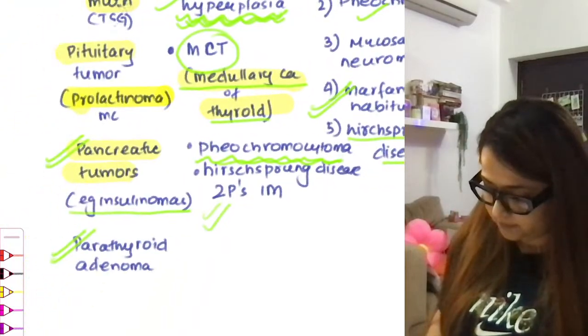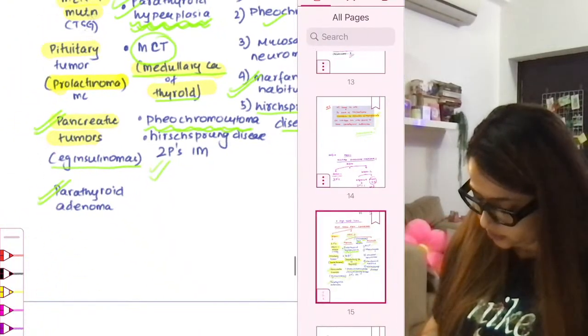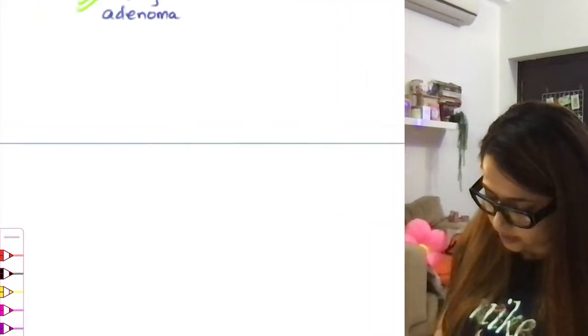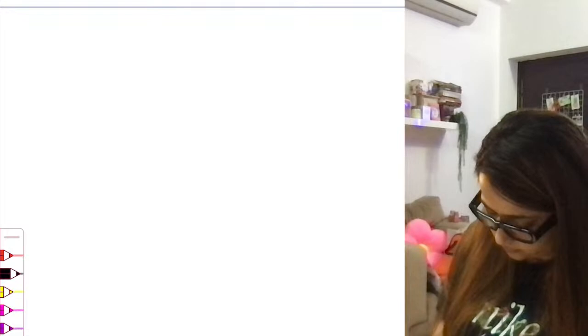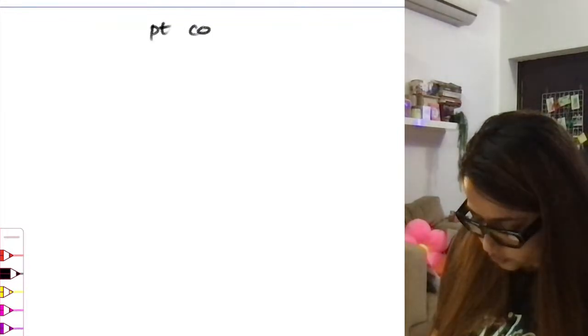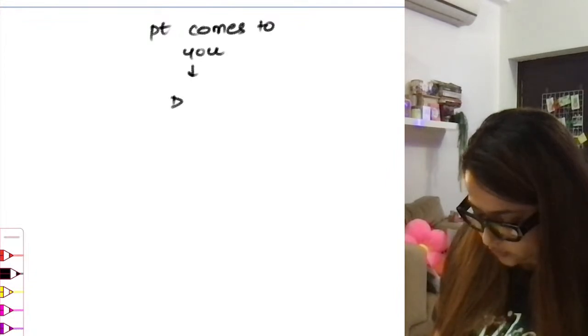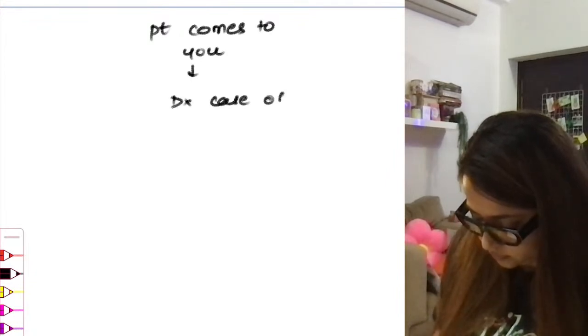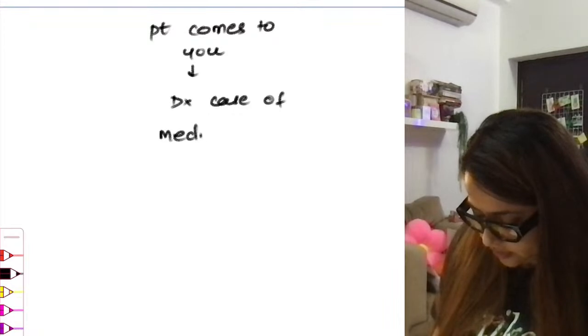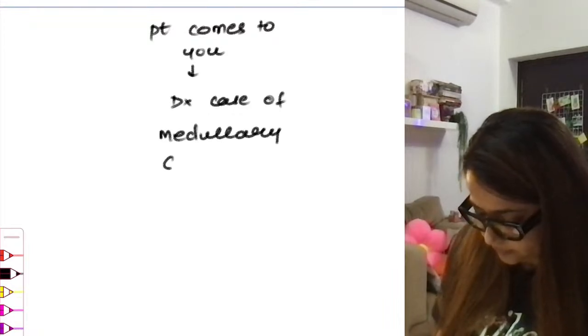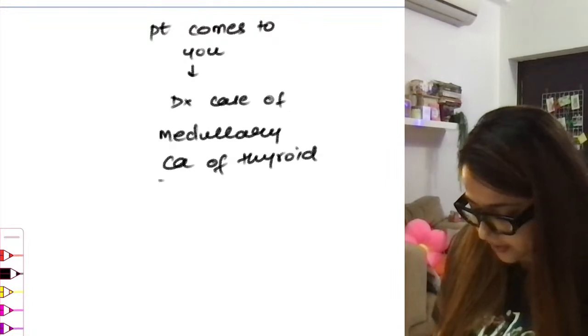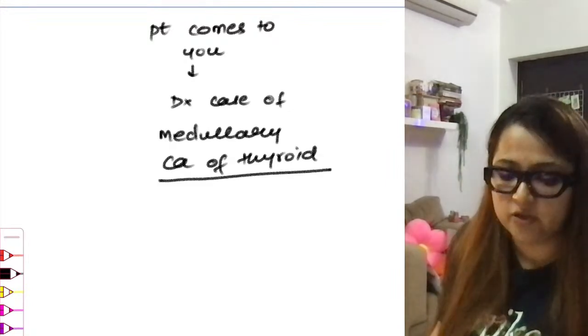Now, I'll tell you a clinical scenario. Suppose a patient comes to you, a diagnosed case of medullary carcinoma of the thyroid.